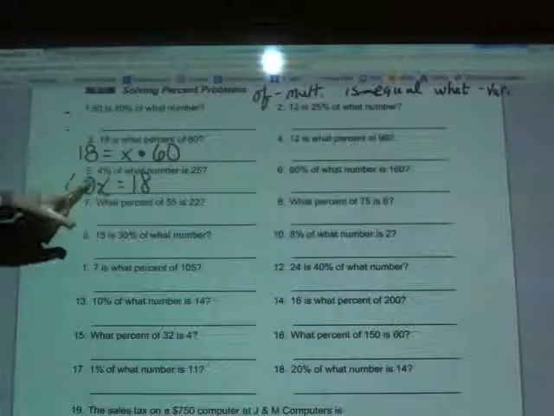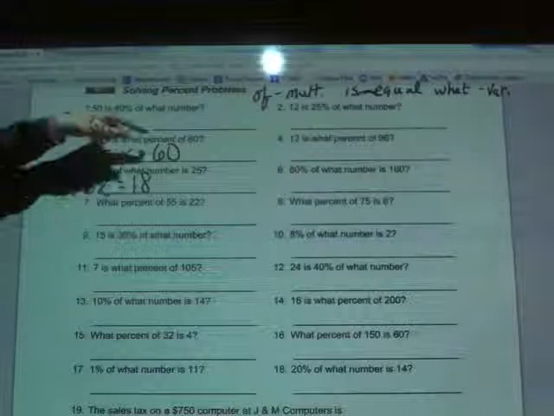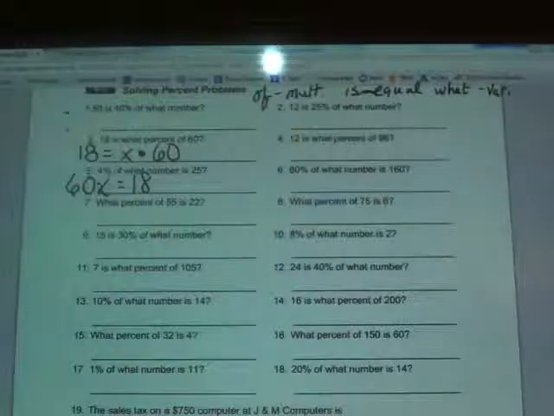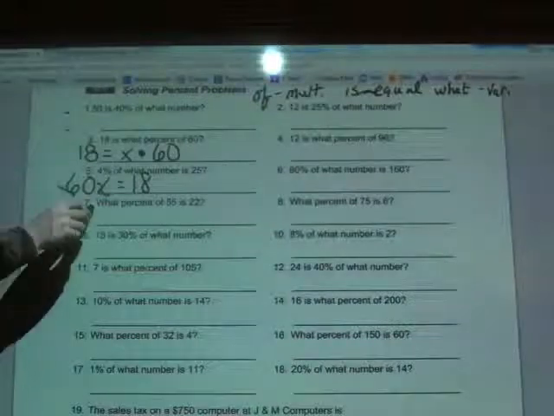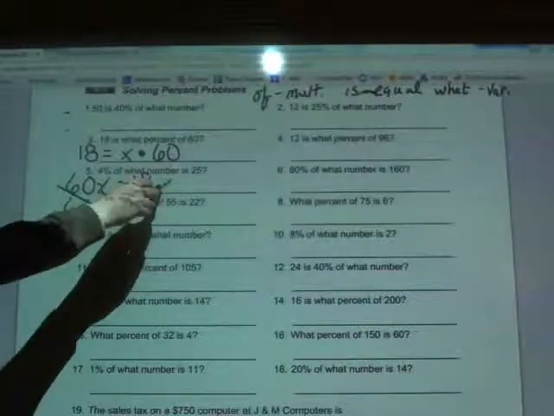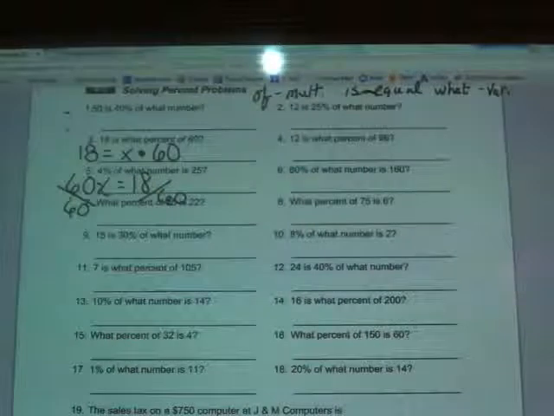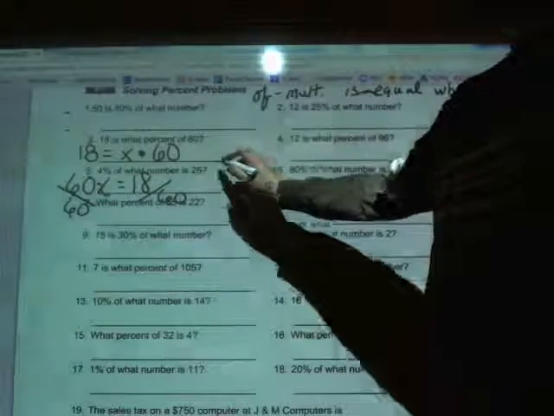So we see the troublemaker here is 60. We'll move 60 out of the way to the opposite side of the equal sign. We're going to have to do the opposite. The opposite of multiplying by 60 is to divide by 60. So I'm going to go ahead and divide by 60 to finish here. So I'm going to take 18 and divide by 60, and that's going to give me x. And when I take 18 and divide by 60, the result is 0.3.